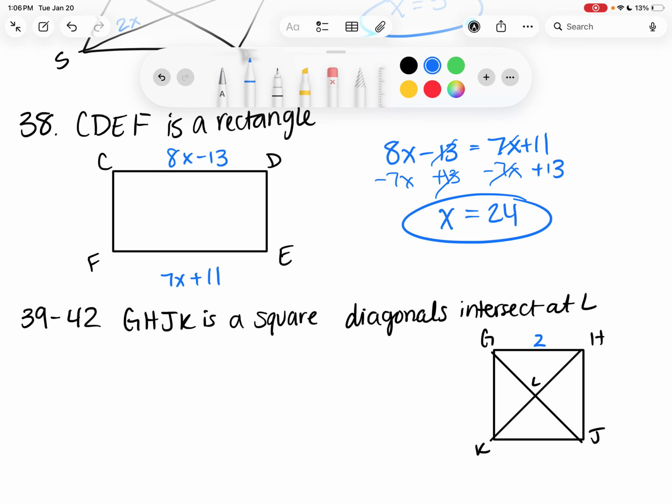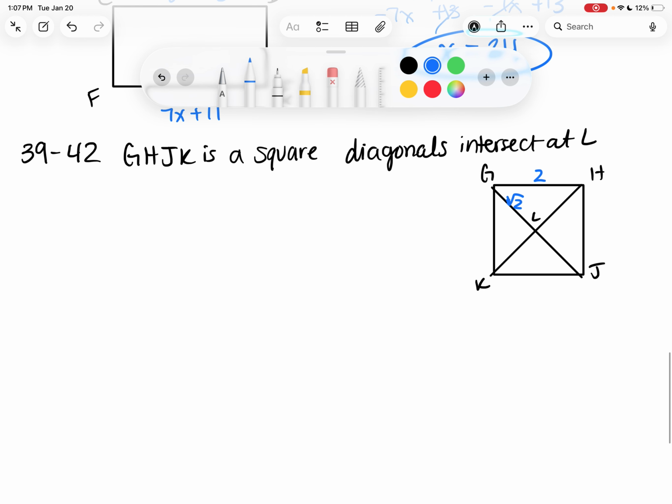So this is 2, and then this is the square root of 2. And then we're using this information to solve for the different pieces that they ask us for.